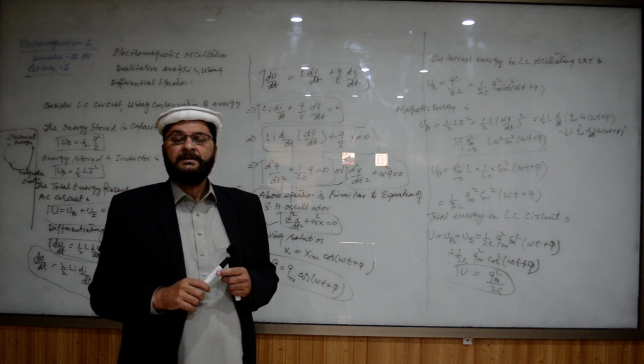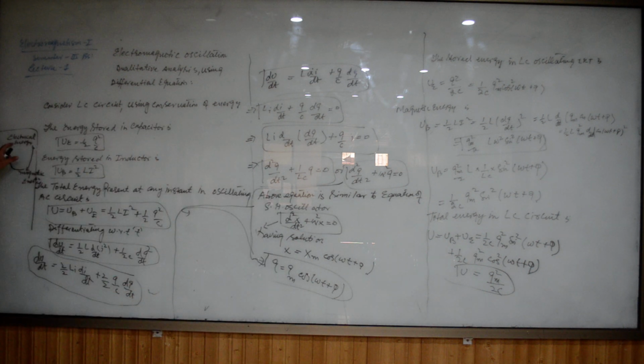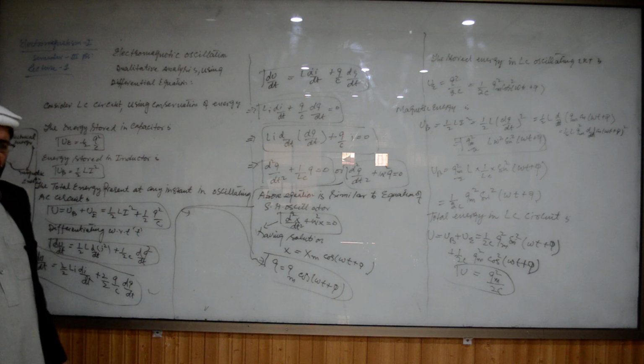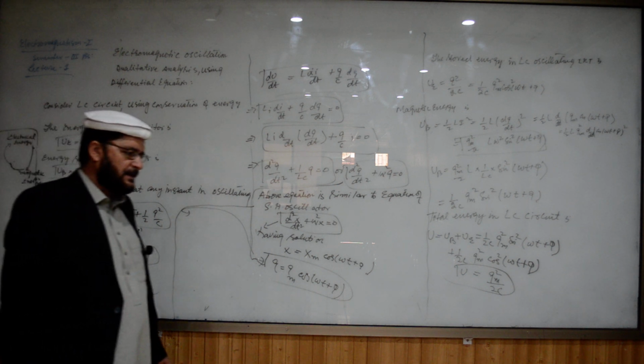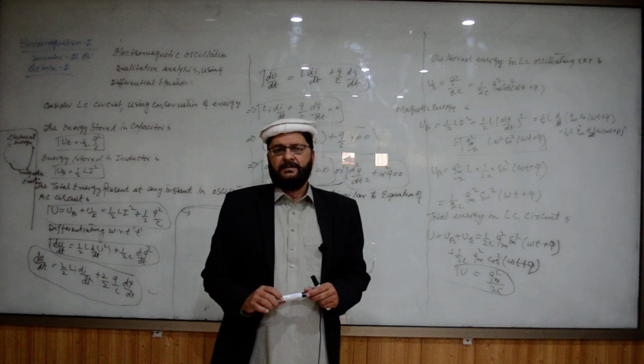But in this case, the polarity will be opposite. Again we have maximum magnetic energy in the inductor, and again the same energy is transferred to the capacitor where there is an electric field. So the energy oscillates between L and C, and there is no loss of energy because it is assumed that there is no resistance at all.